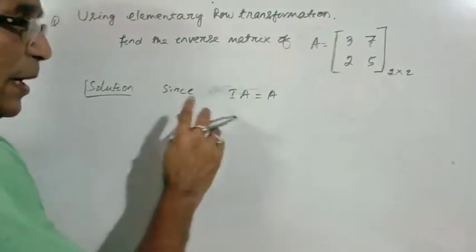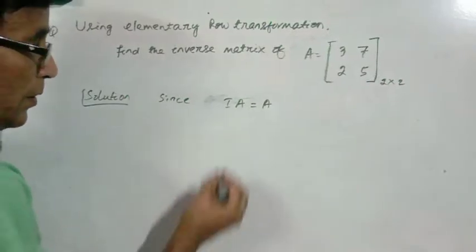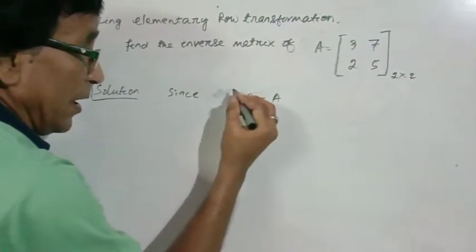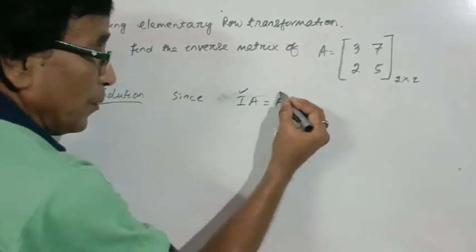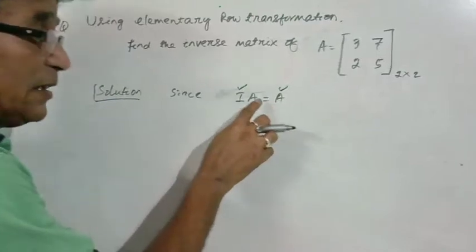Now, in elementary transformation, I have already discussed that when the same elementary operation is taken on the matrices I and A, the equality sign holds good.